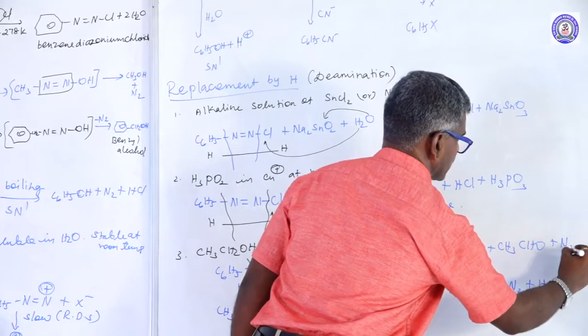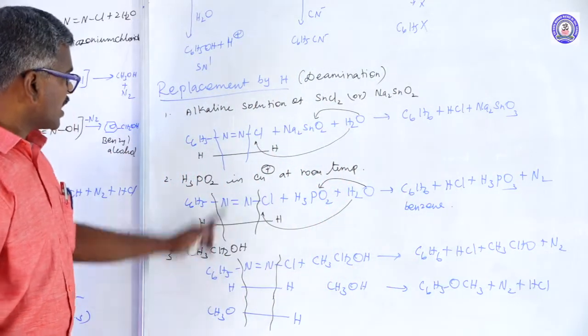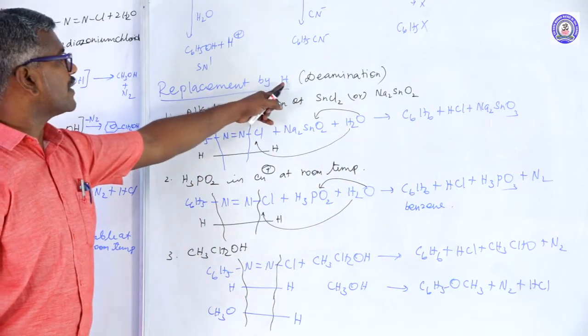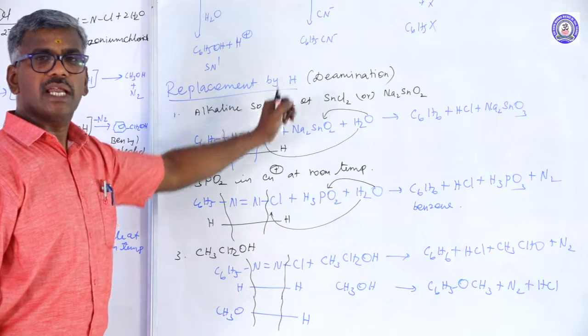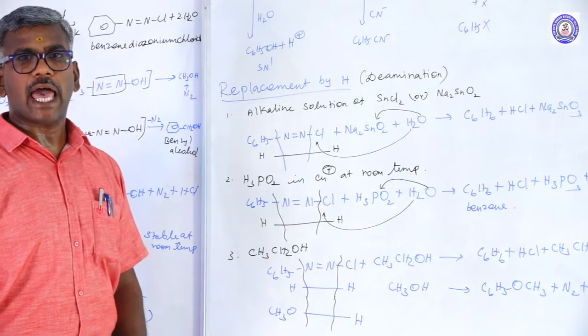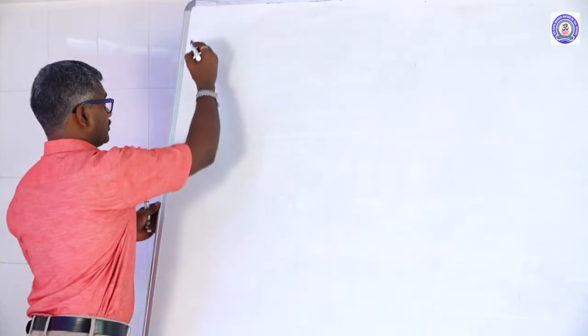Here N2 is a gaseous product, nitrogen gas that can be replaced. This reaction is known as replacement by hydrogen, another name for the deamination reaction. Next, replacement by the halogen. Another method is replacement by the halogen.